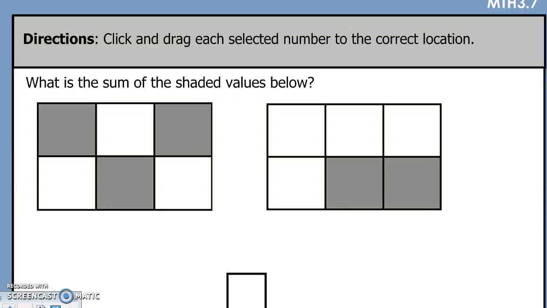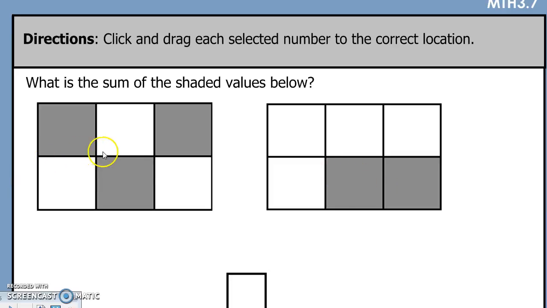So you're going to be thinking, okay, what fraction is this? And what fraction is this? So the fraction here would be 3 out of 6, so 3/6. The fraction here is 2 out of 6.